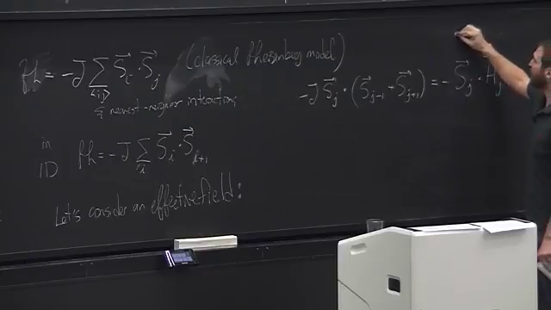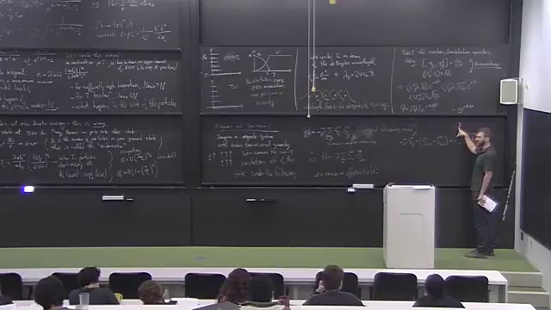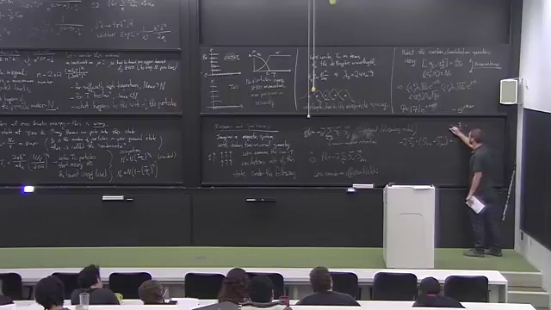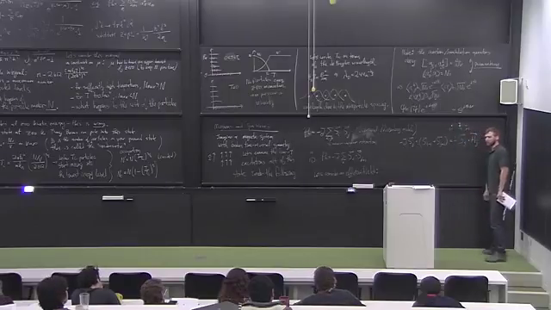If I have a site j and a magnetic moment on that site, because this Hamiltonian is only nearest neighbor interacting, this field only depends on the spin state at j minus 1 and j plus 1.